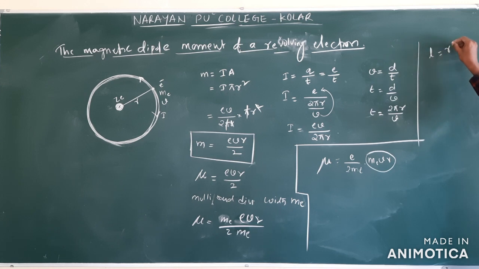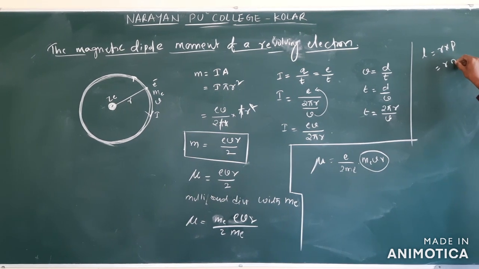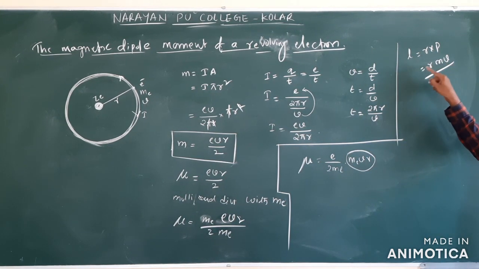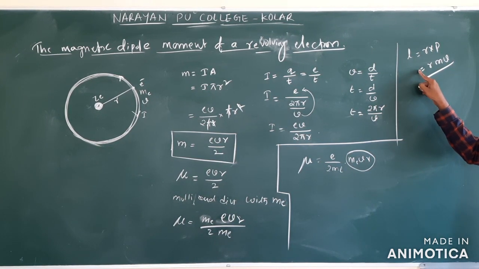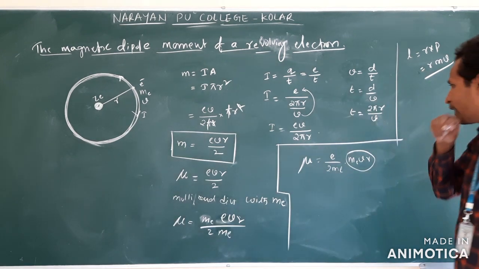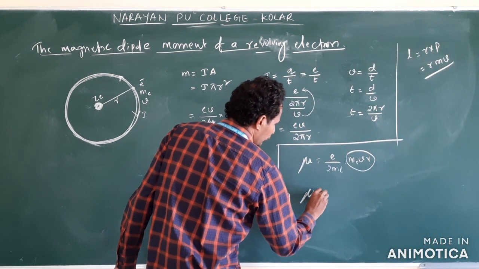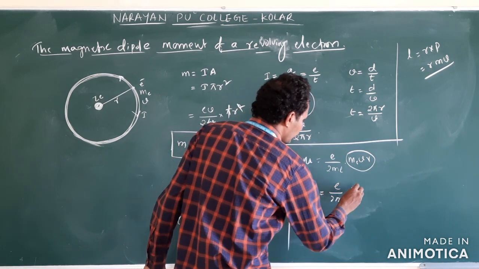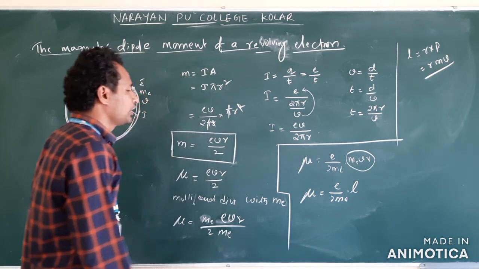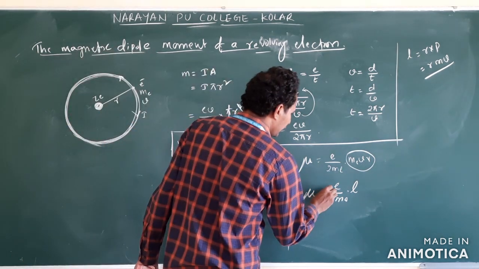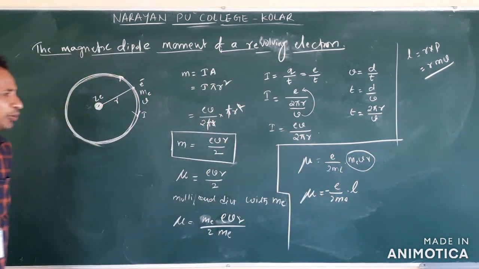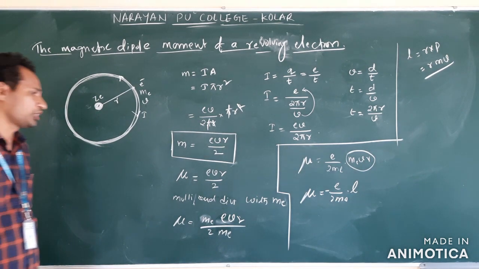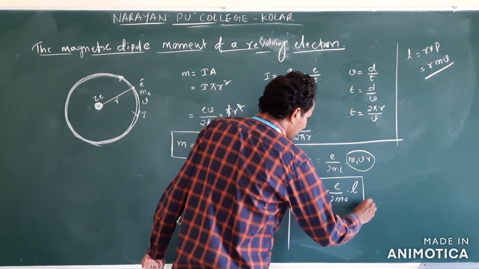L is equal to R cross P, R into MV: radius, mass, velocity. This is angular momentum. So we write mu is equal to E by 2 ME into L. Here we give the minus sign because angular momentum and magnetic moment are in opposite directions.